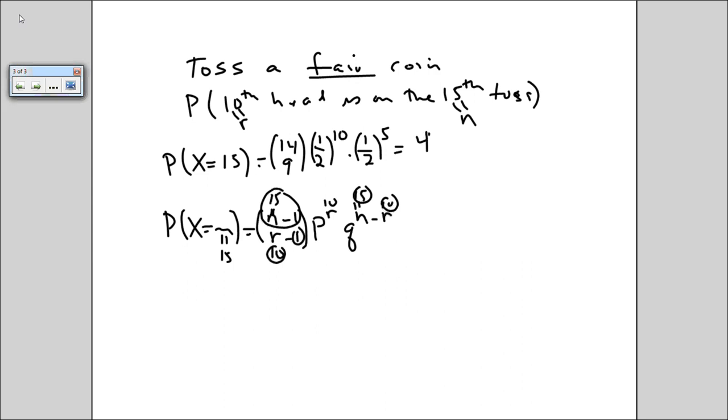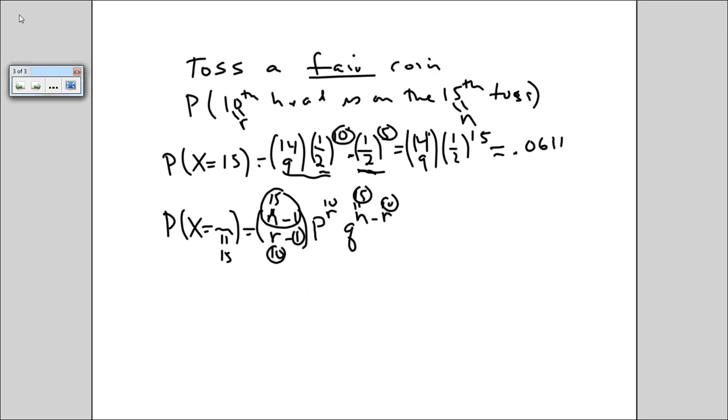So it's 14 choose 9 times 1/2. Since we're multiplying and the bases are the same, you just add the exponents. There it is. 14 choose 9 times 1/2 to the 15th, which my calculator is giving me 0.0611.